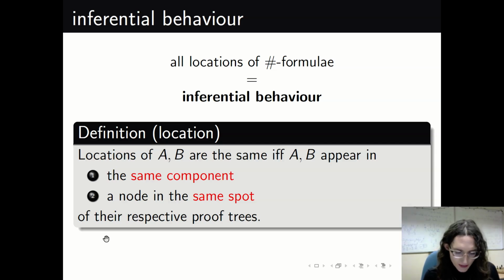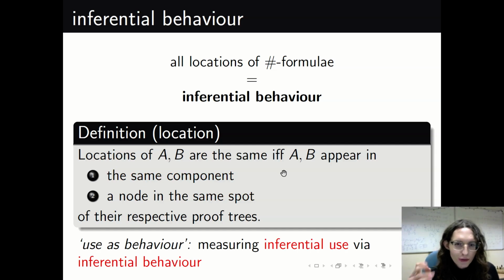Or expressed a bit more simply, they're in the same horizontal location, the side of the sequent symbol, and the same vertical location, i.e. in the same proof step of our sequent calculus proof. If you want to express that again with a slogan, you could call it use as behavior. We measure inferential use via the inferential behavior, the locations of the formulae.